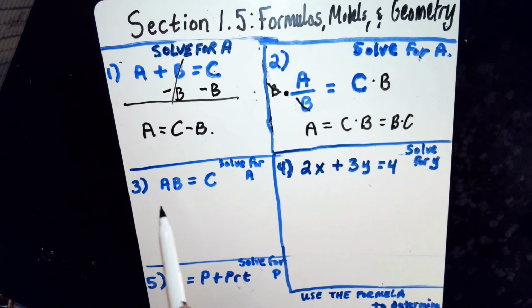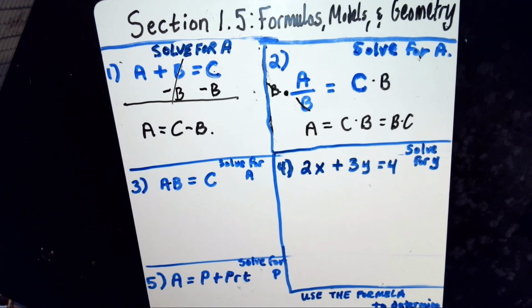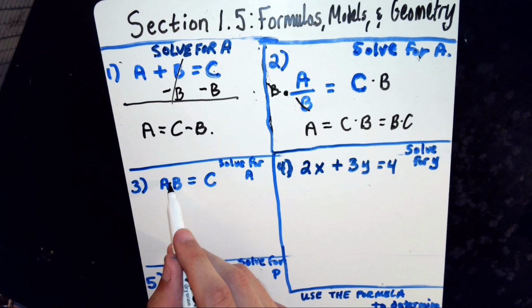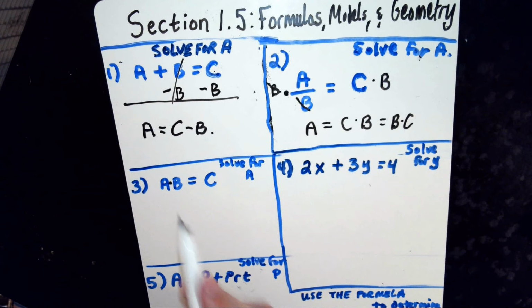Next, we've got number three, and we have a times b equals c. So whenever two letters are next to each other like this, assume that it means multiplication. So I'll do it for emphasis, but in general, if there's not a multiplication symbol in between, assume that's what's going on. So we have a times b is c, and we want to solve for a. Well, similar to how we did last time we had a division problem, so we multiplied.